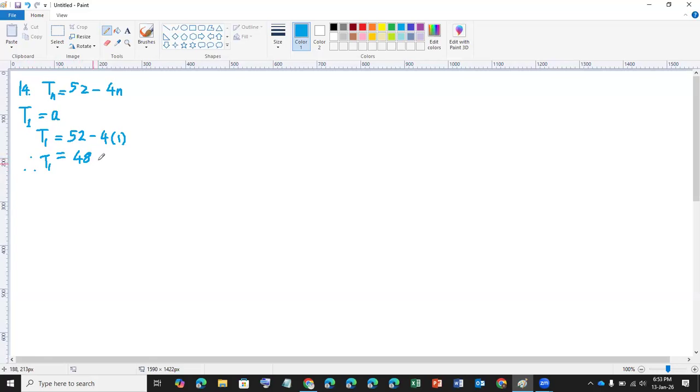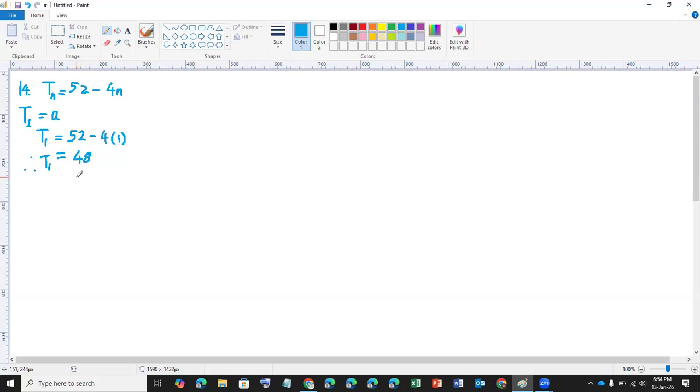Okay, so the next thing we have to do is to find the common difference. Now, to find the common difference, a couple of ways I could think of that we could do it. But I think the easiest one that you would be able to quickly relate to would be to maybe find T2 and then subtract T1 from T2, right?